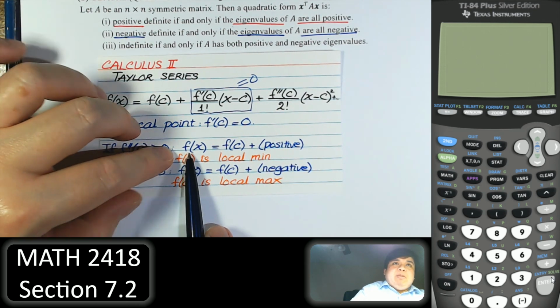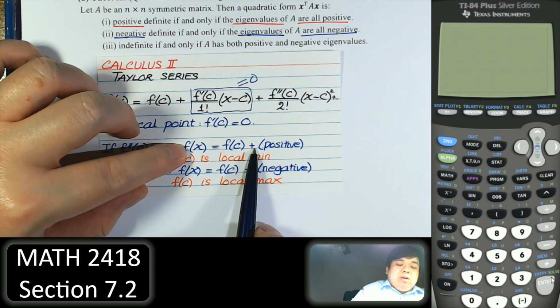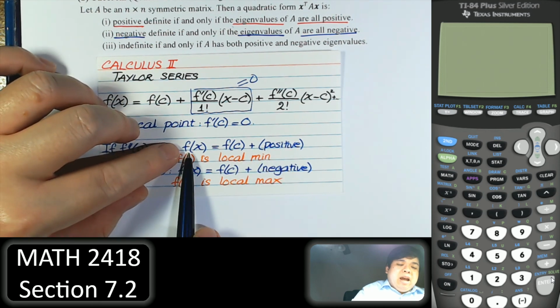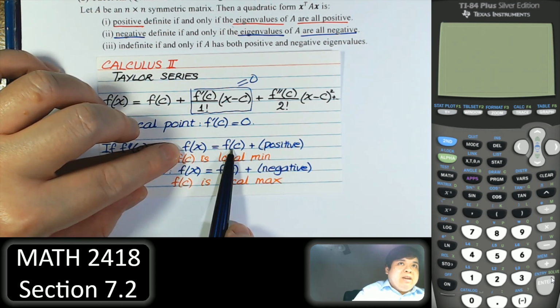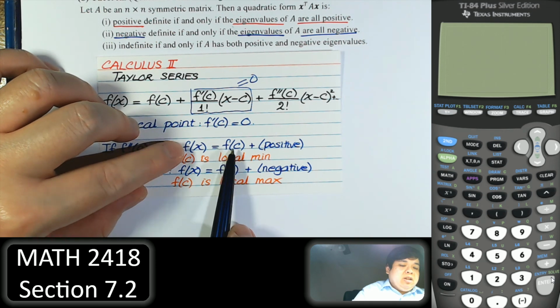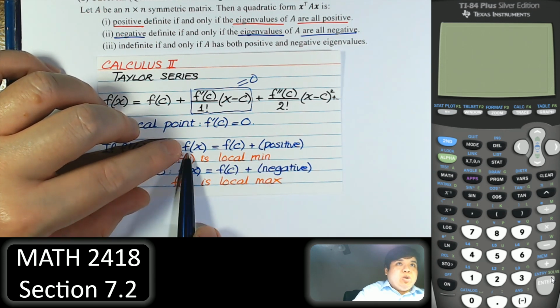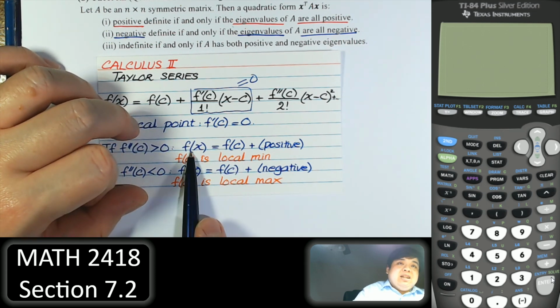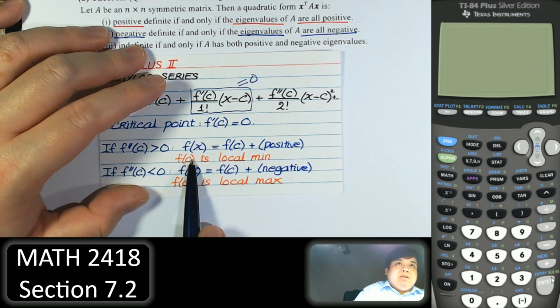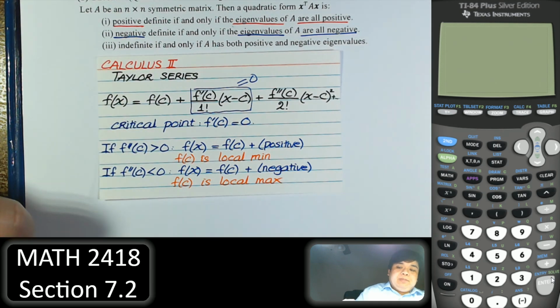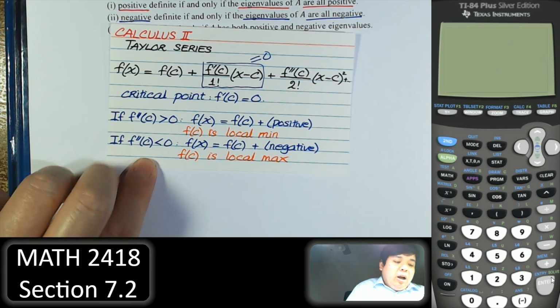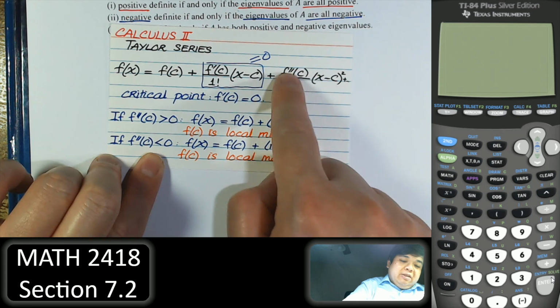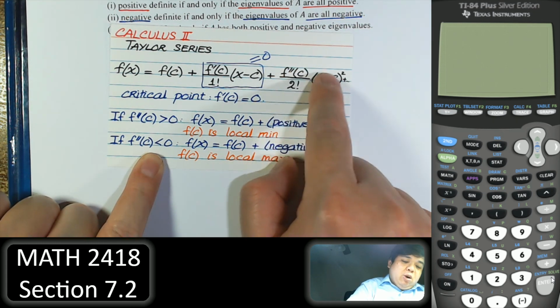So if we have f of x equal to f of c plus a positive number, that means f of x is always greater than or equal to f of c, because f of c has to add something positive to equal f of x. So f of c is the local minimum. When the second derivative is negative, the whole thing is negative.